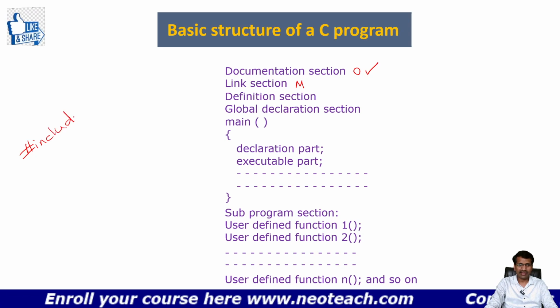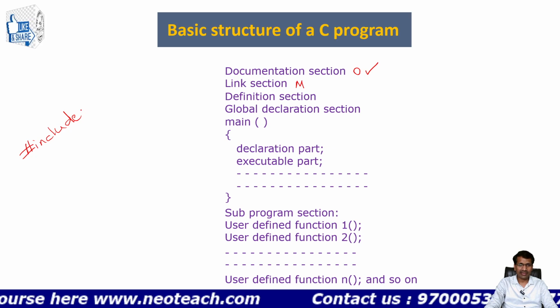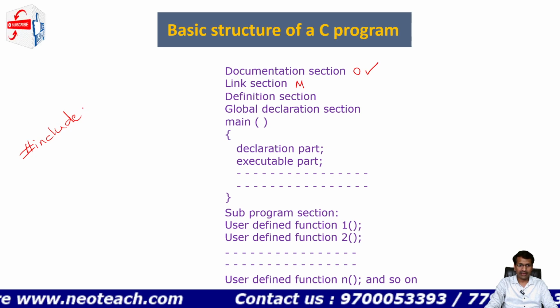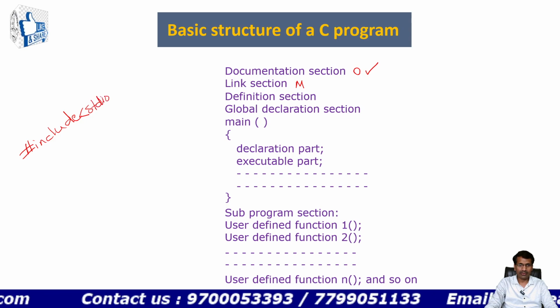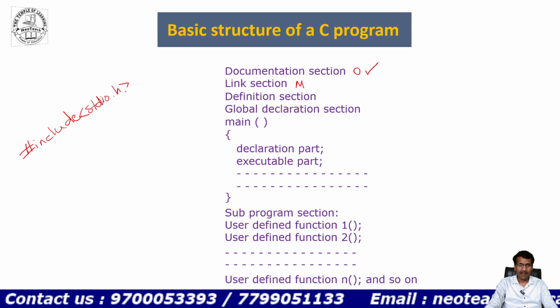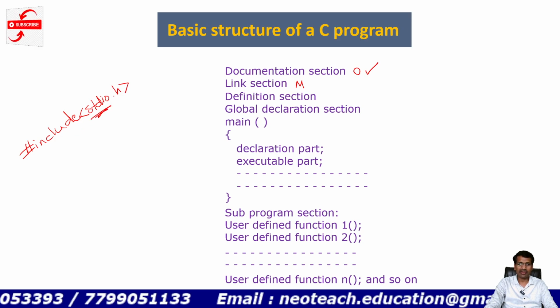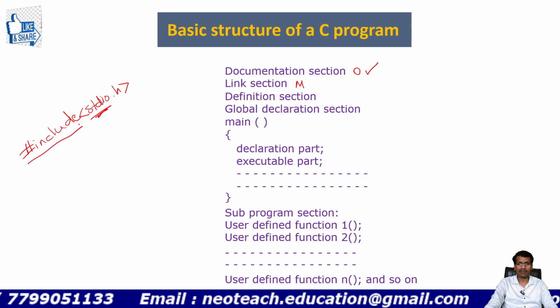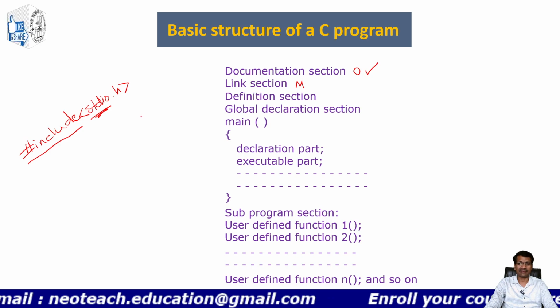Hash include is nothing but a preprocessor directive. It is processed before execution. After hash include, we can write stdio.h. That means the specified header file is included into our program by using this preprocessor directive. Like this we can provide the link section.